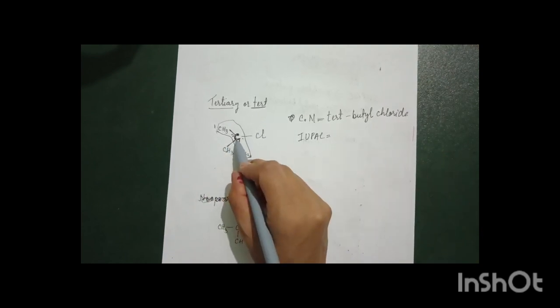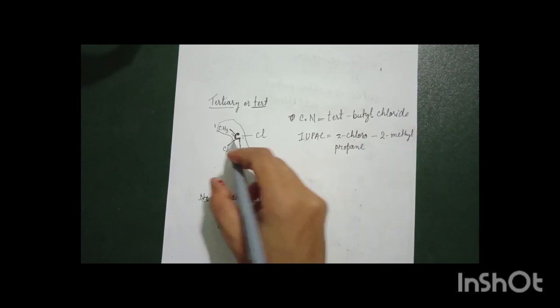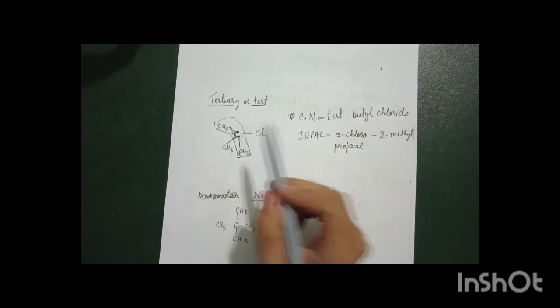Now, in which position is your chloro? In the second position. So it is 2 chloro. We will write 2 chloro, 2 methyl propane. So 1, 2, 3, it is propane. Okay, so we have known about tertiary.